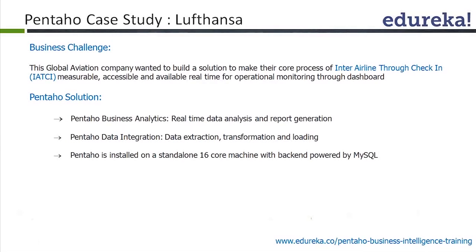So that particular process is called inter-airline through check-in process. When Lufthansa wanted to monitor that TCI process, they didn't have proper software which wherein they could analyze it real time, and that was their problem statement.